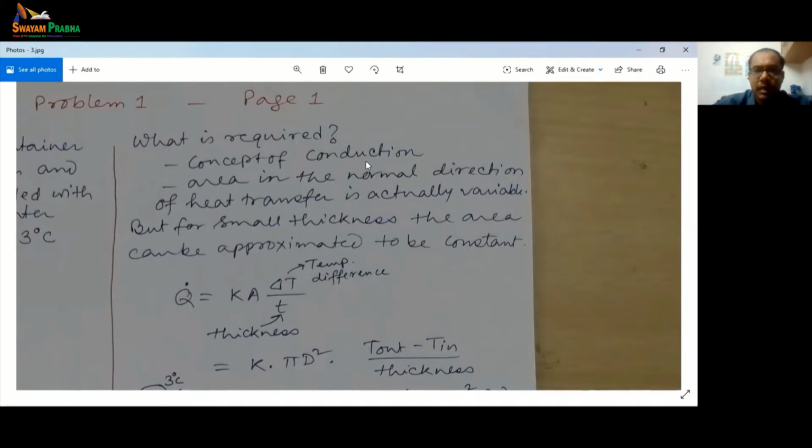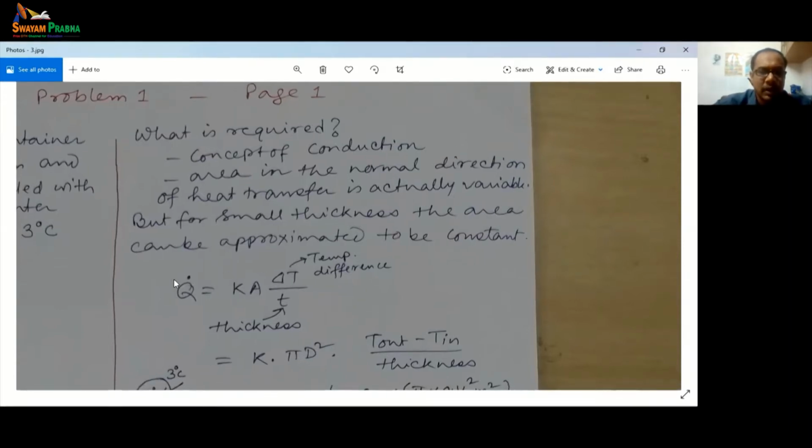You may or may not have been introduced to this concept of conduction. I am not assuming that, but the basic school level heat transfer, the phenomenological equation that you are familiar with, the law of cooling or the very basic conduction concept, is all you will need here.